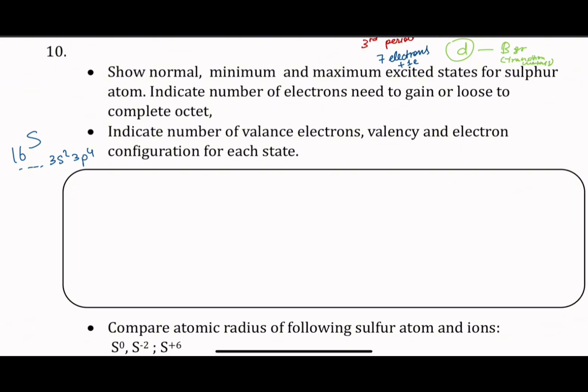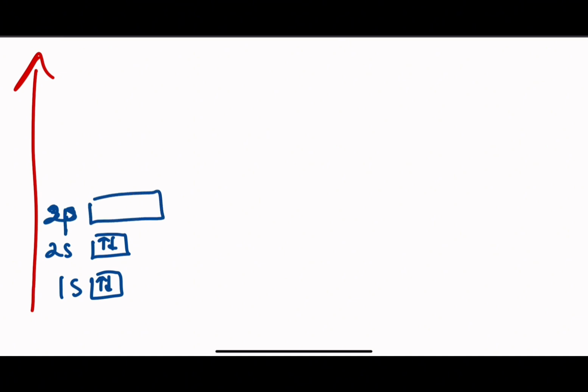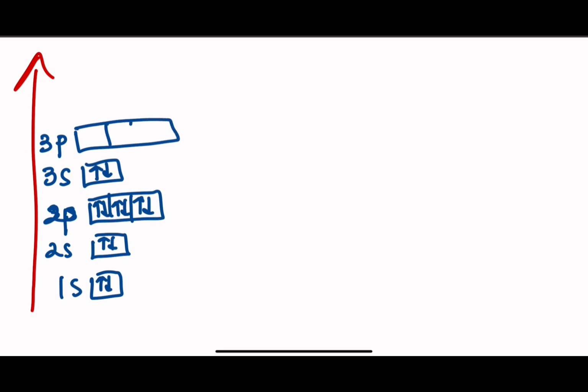But first of all I need to show you the electrons in the orbitals. So I'm going to write this one in here, and I will zoom in. So 1s2, 2s2, and then we got 2p6 is filled in that, and then we got 3s2, and then 3p4: 1, 2, 3, and then 4.